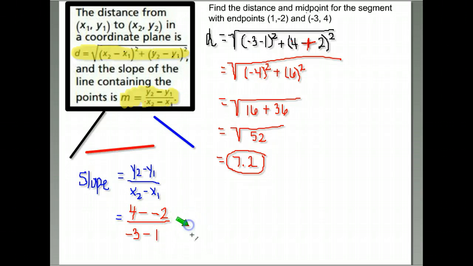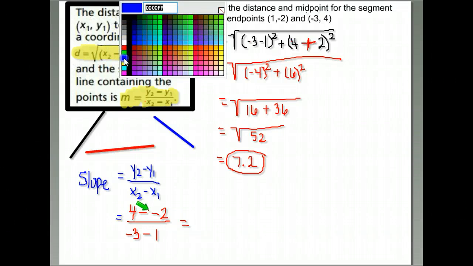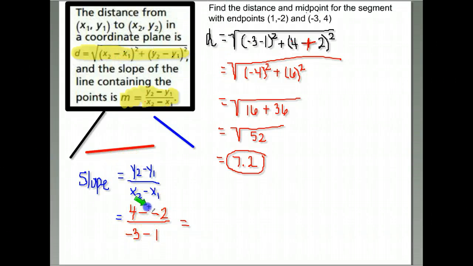We're going to simplify this. Again, we end up with a minus a negative, which makes a plus. Minus a negative, remember, is addition. That's one of our rules we learned way back when. So on the top I have 4 plus 2, which gives me 6. On the bottom, -3 minus 1 is -4.